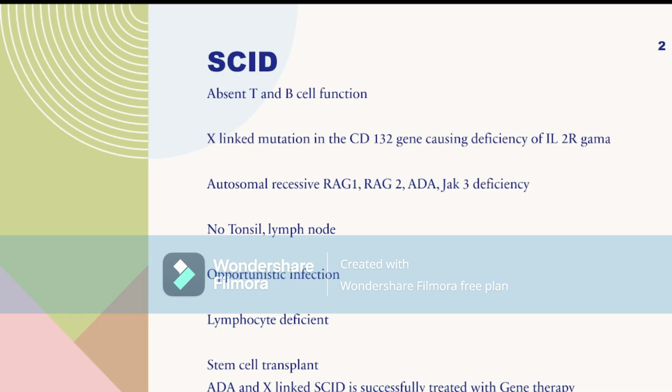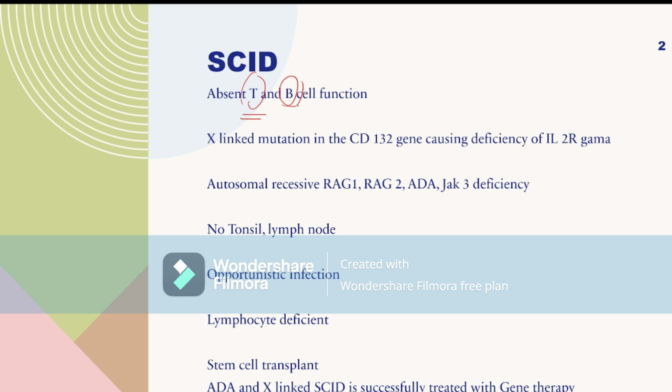So let's discuss. The first and the most severe type of immunodeficiency is SCID, that is severe combined immunodeficiency. What happens in SCID? There is complete absence of T cell function and also B cell function. The main pathogenesis is the absence of T cell function.